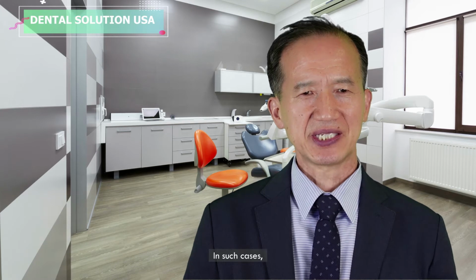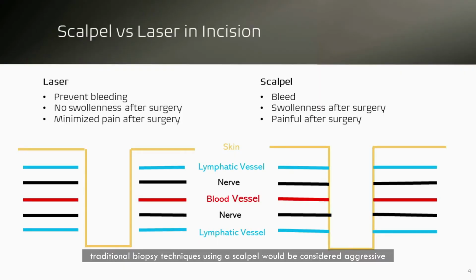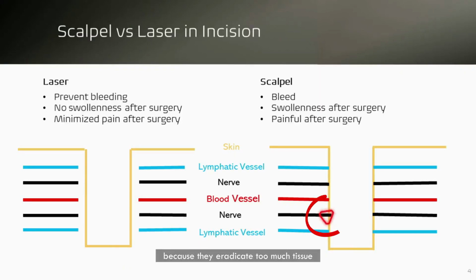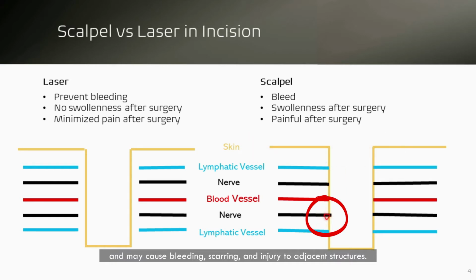In such cases, traditional biopsy techniques using a scalpel would be considered aggressive because they eradicate too much tissue and may cause bleeding, scarring, and injury to the adjacent structures.